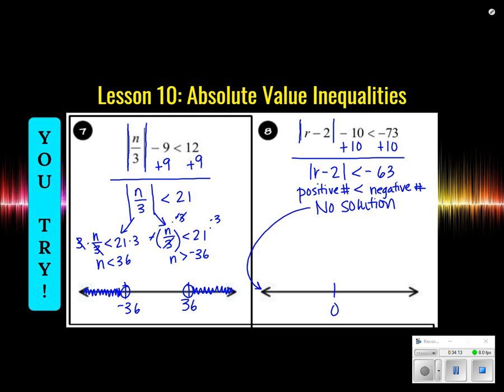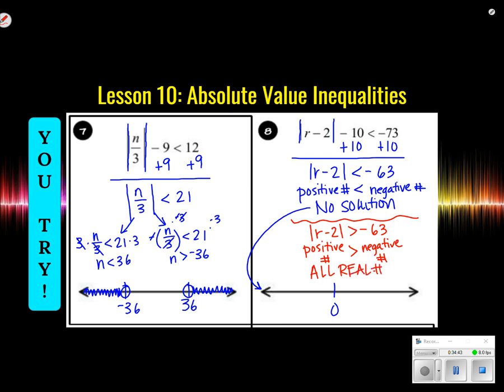Now let's pretend for just a moment that the original problem had a greater than inside it. So this would mean that a positive number would be greater than a negative number, and that's always true, isn't it? Positive numbers are always bigger than negative numbers, so we would say infinitely many solutions, or you can say all real numbers.